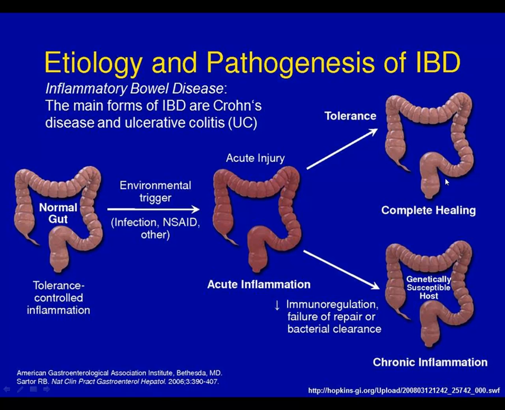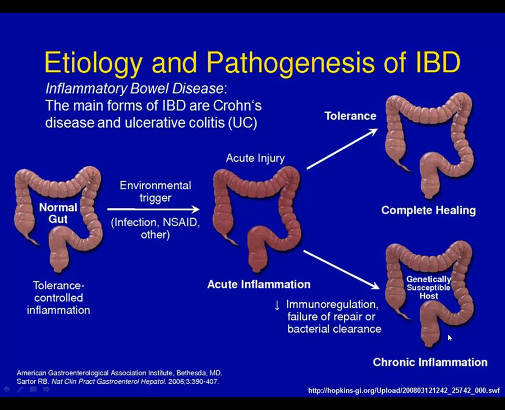All right, and I don't think you would be asked about the inflammatory bowel disease, but in some people, after some kind of a trigger, this trigger can be aspirin, ibuprofen, infection, or whatever, they have acute inflammation. Generally, the normal people will have tolerance to that, and you will have complete healing.